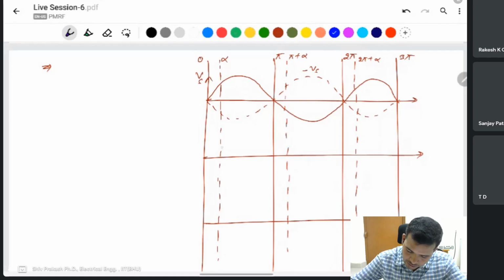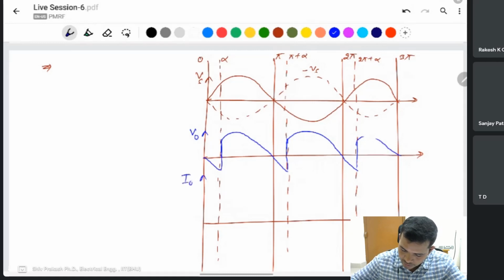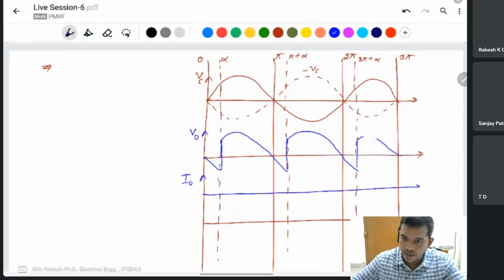And the output voltage is like this. The output current I will take as constant, a highly inductive load.